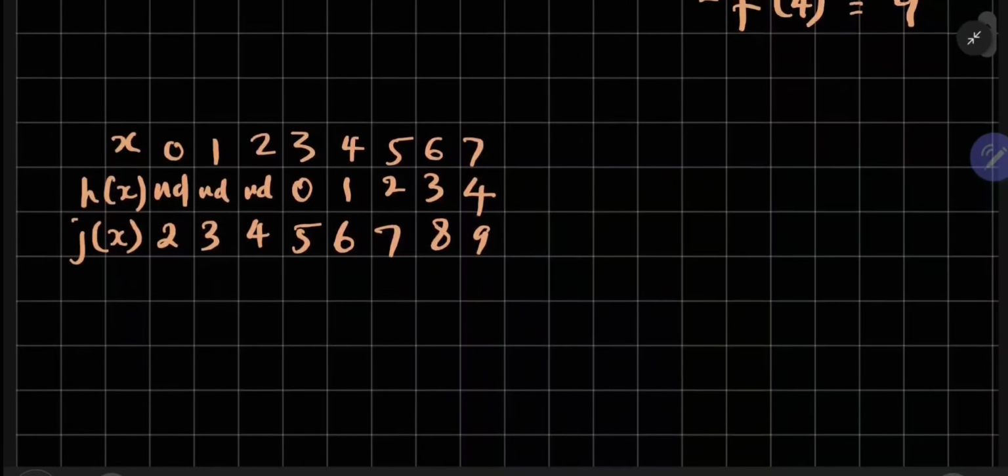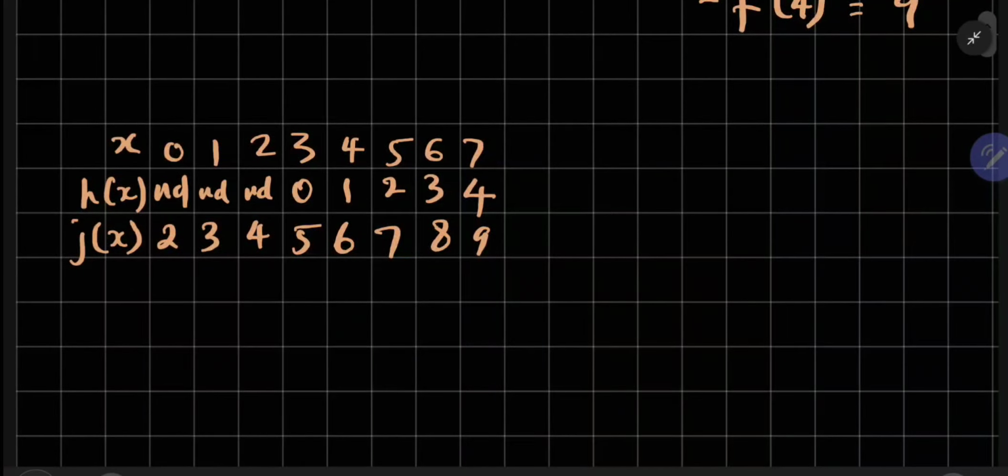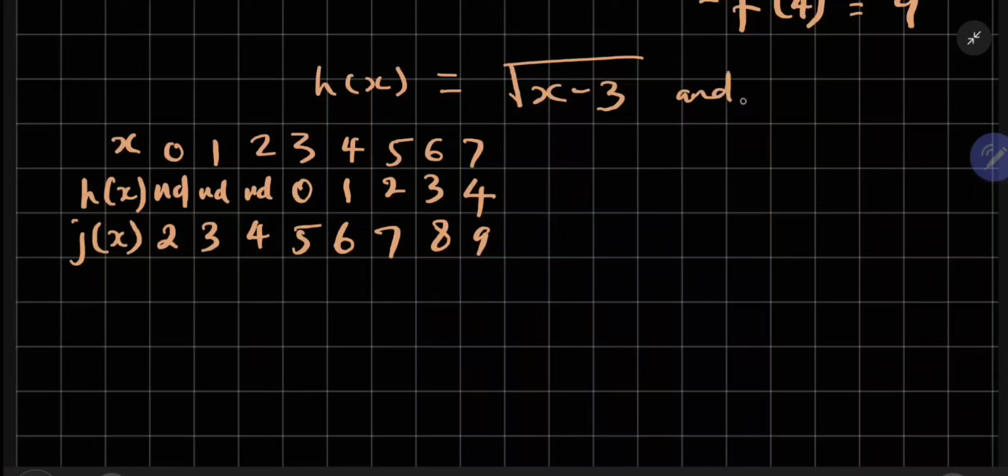Let's take a look at this. This is another table where these cells UD mean undefined, and this is a table of the functions h of x, where h of x is the square root of x minus 3, and j of x is x plus 2.